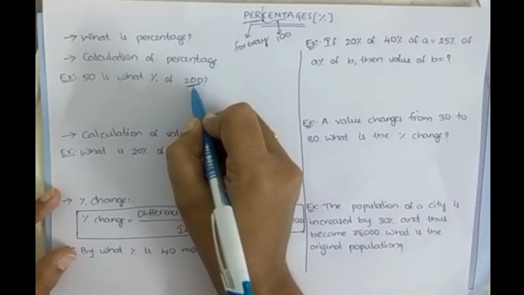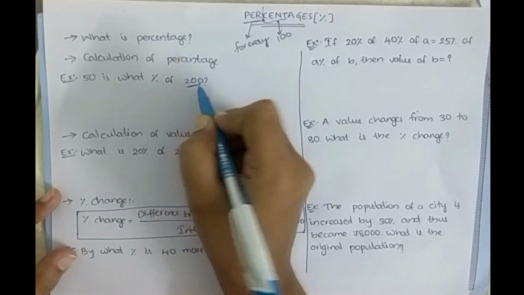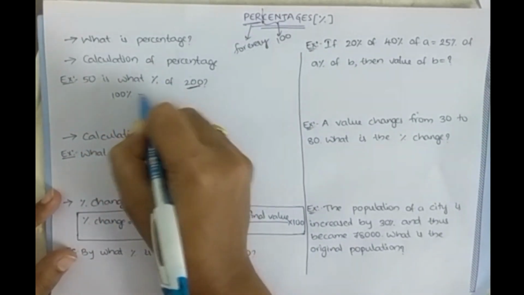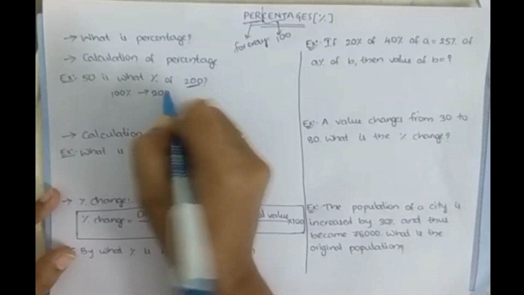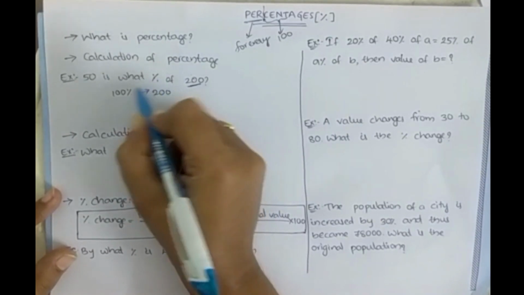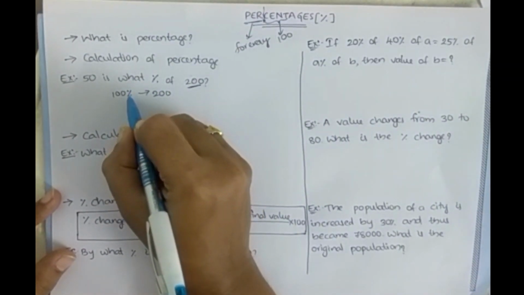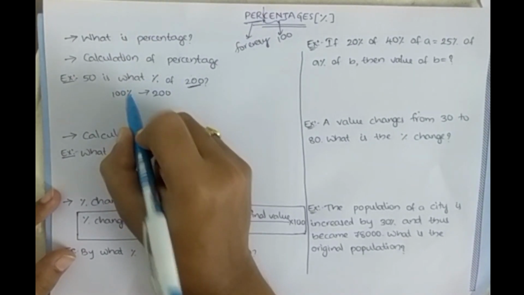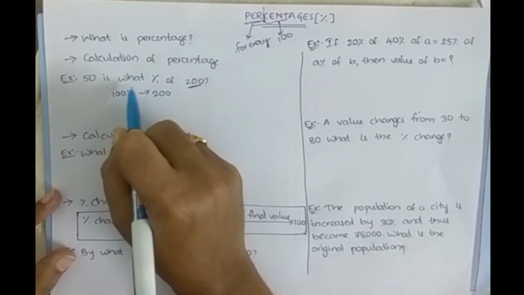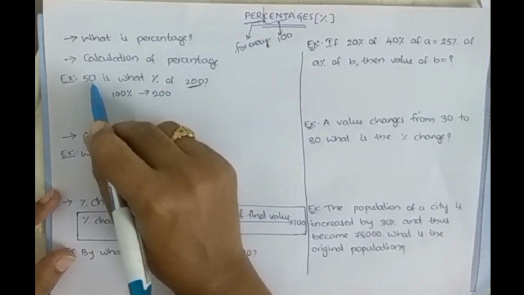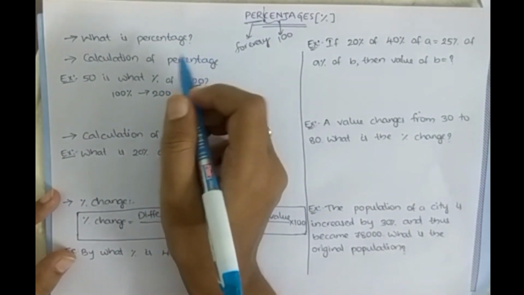The given value is 200, so let me take 100 percentage as 200. That means the total value is 200. Now I want to find out what percentage 50 is. In this 200, I want to calculate how much percentage 50 contributes.